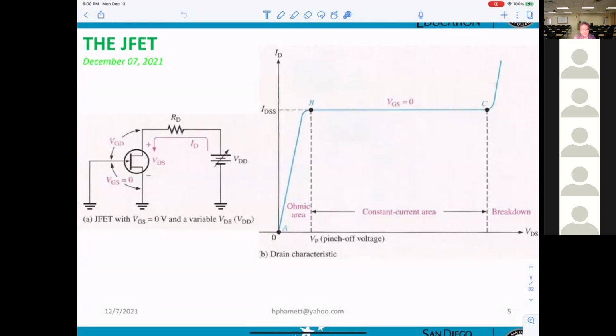Or you can say the voltage from the gate to the source shorted. Same thing. That is what you really need to understand. So that's a very simple thing, okay? Any question?